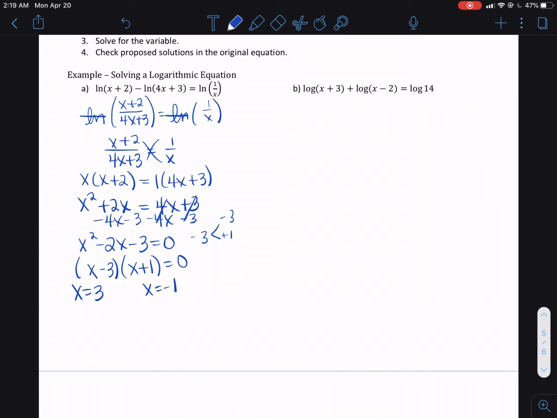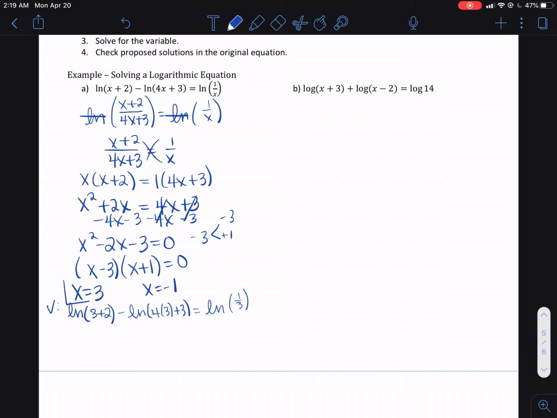So if we check, we would have the natural log of 3 plus 2, that's good, that's 5, minus the natural log of 4 times 3 plus 3, which is good, that's 15, equals the natural log of 1/3.